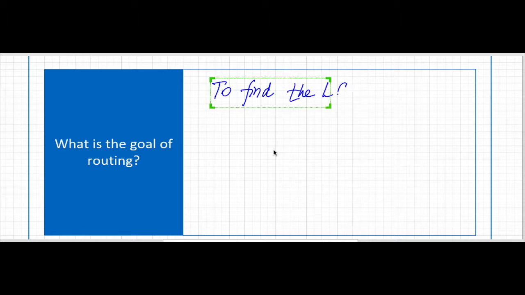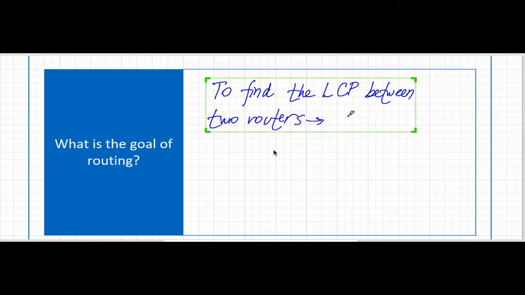And we label that as LCP between two routers. We can extend it not just to two routers, but to the entire network. So we want to look at the network as a whole and find the least cost path between any two routers in our network. That's the main goal of routing.